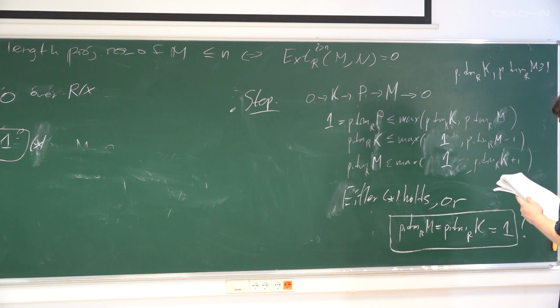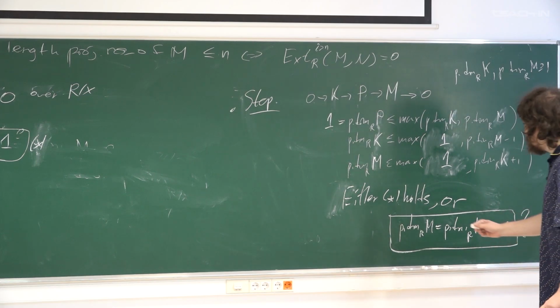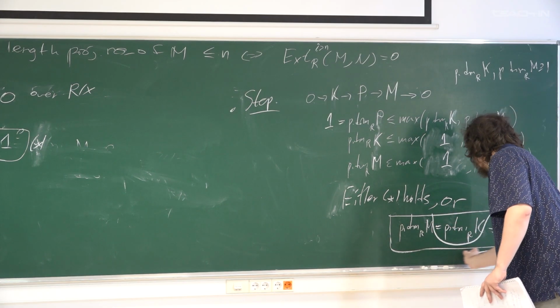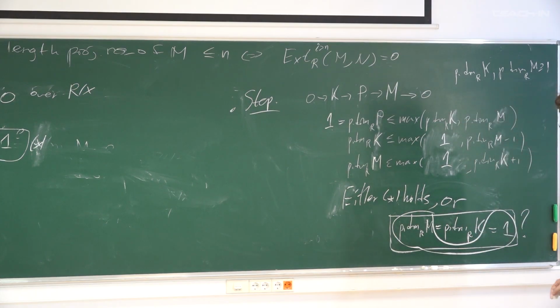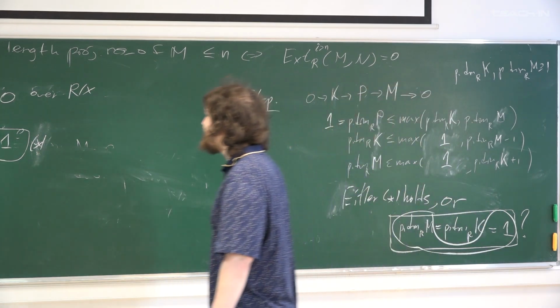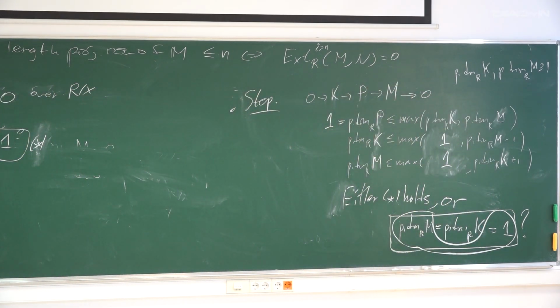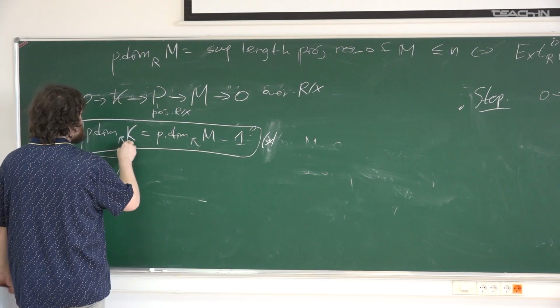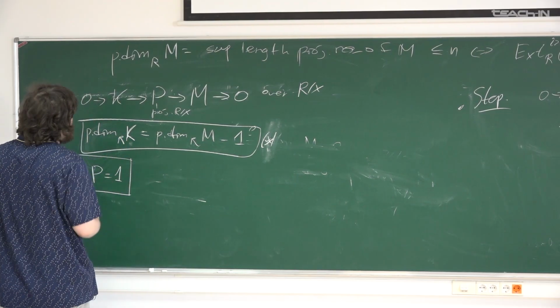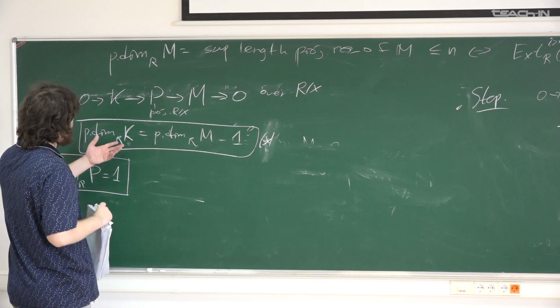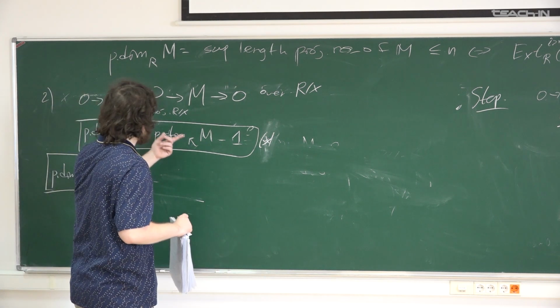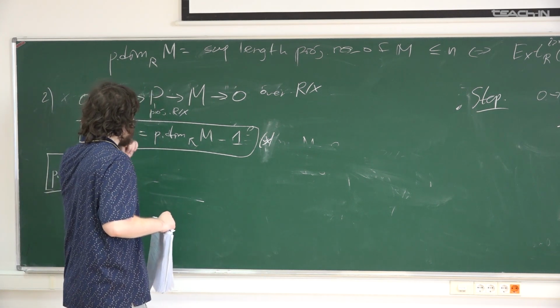Okay, in fact, we can check that this is not possible, because the projective dimension of M cannot be 1, because this module is not projective. It's a module over R modulo X, so it also cannot be projective over R. So in fact it has projective dimension more than one.